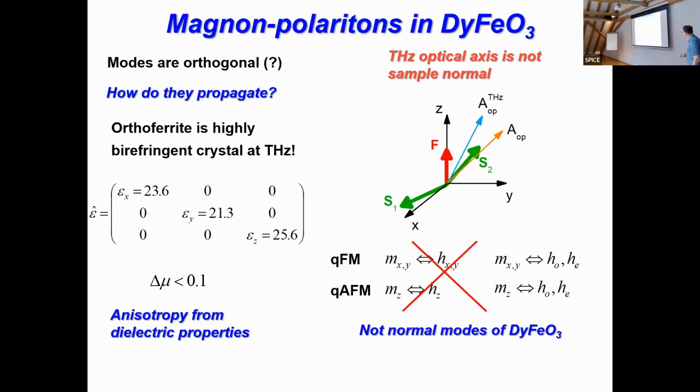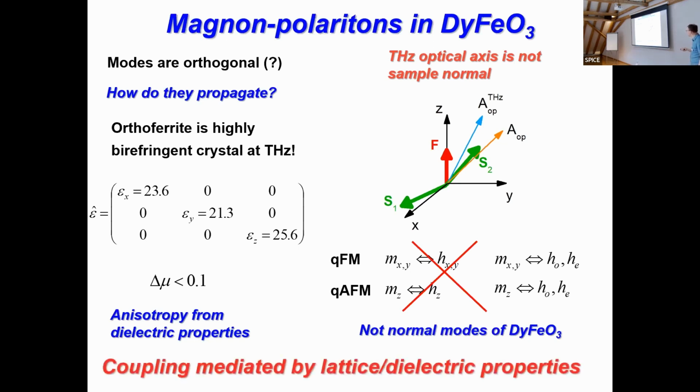So the coupling is mediated by the lattice or dielectric properties of the material and connected to the electromagnetic properties of light. This is still, of course, the limit of low wave vectors, corresponding to the large wavelengths of tens of micrometers defined by light.